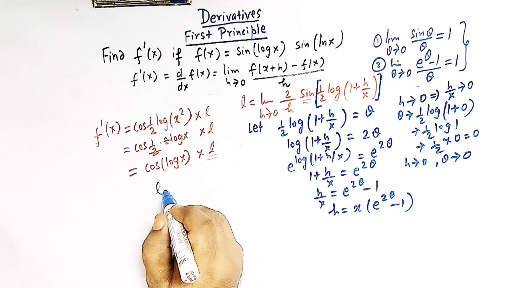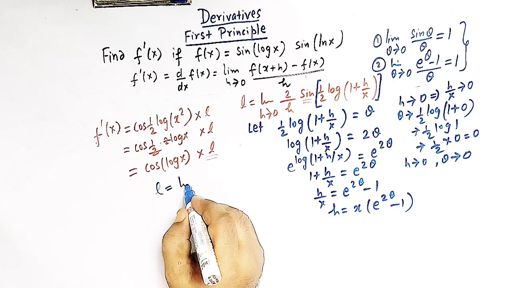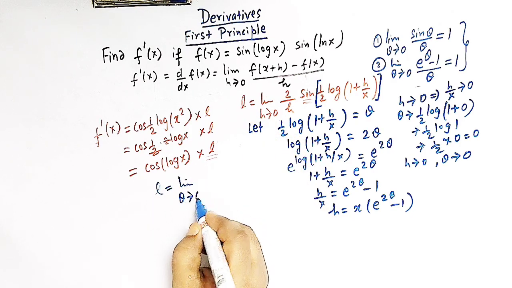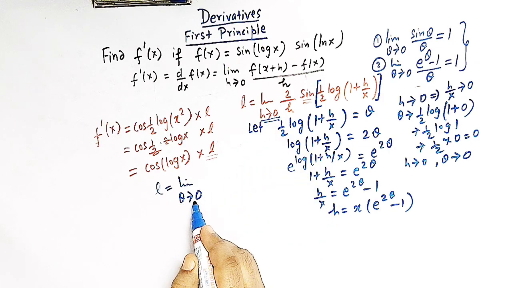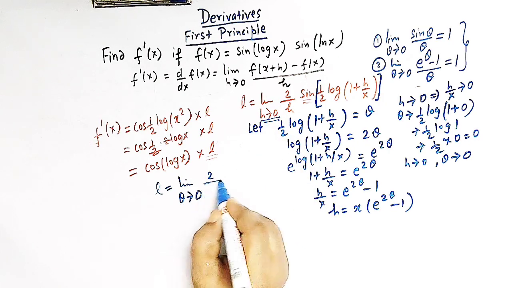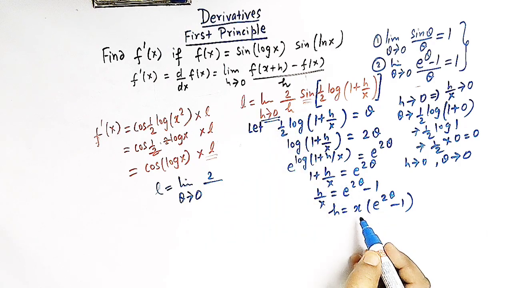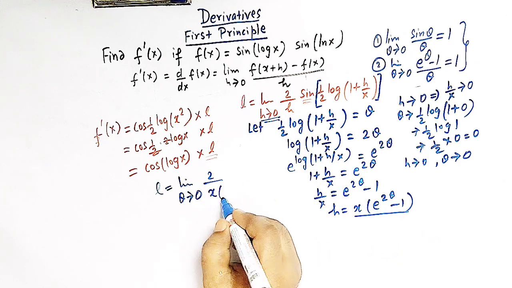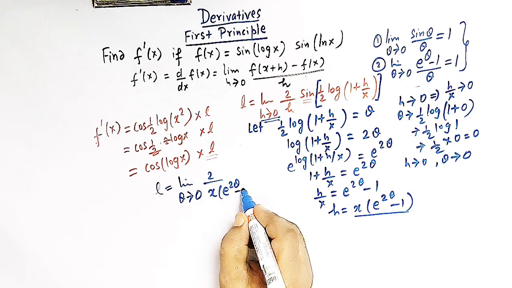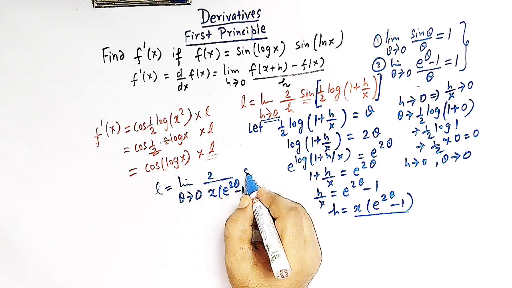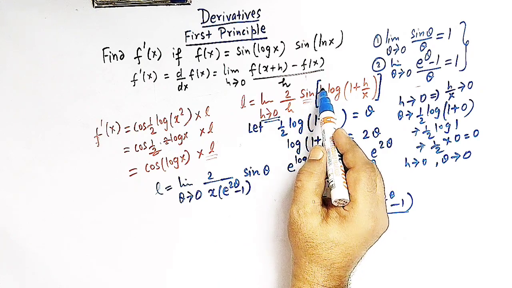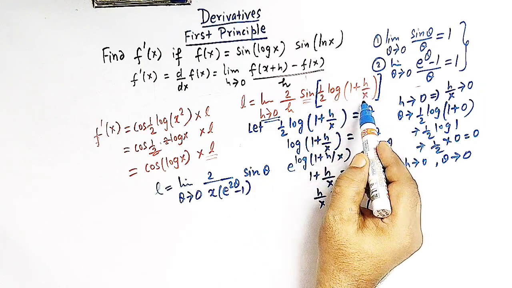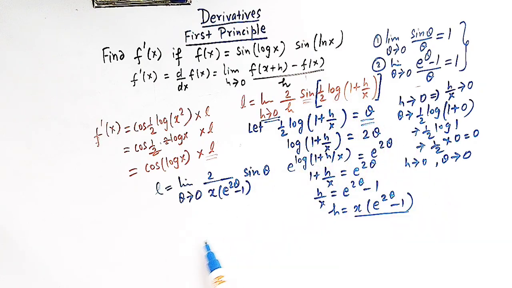So now this limit L can be written as the limit theta tends to 0. So now h tends to 0 can be replaced by theta tends to 0, and we have 2 over h. Now h can be replaced by this expression, that is x times e raised to 2 theta minus 1, and we have sine of theta, because this term half log 1 plus h over x is equal to theta.